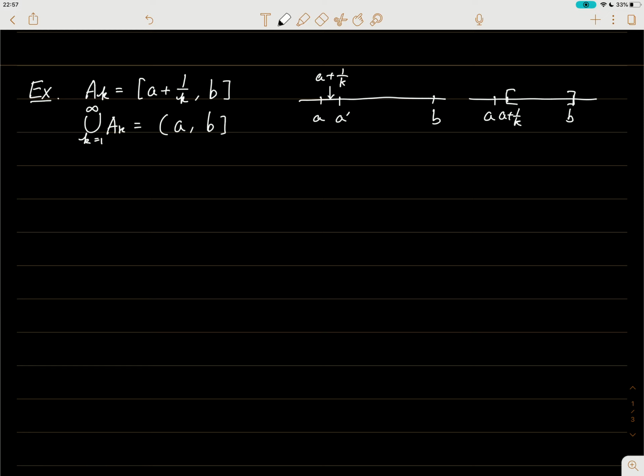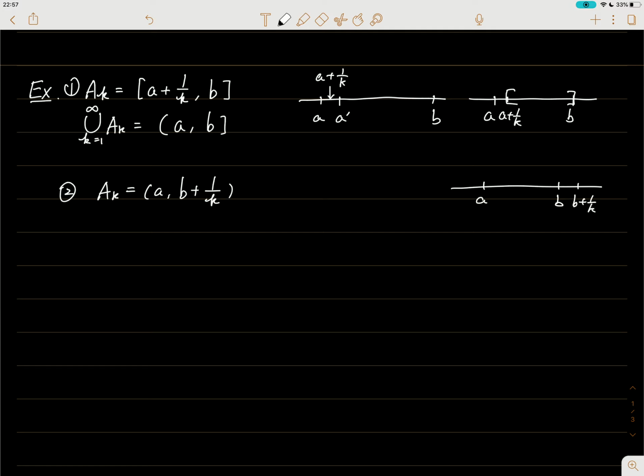And similarly, if I have the A as this, and then I consider the intersection of this A_k. So again, this is the A, this is the B, and B plus 1 over k will be something like this.